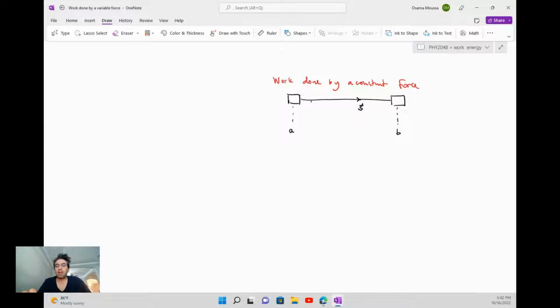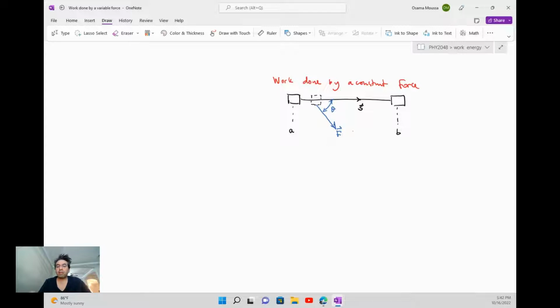And suppose that there's a constant force that is acting on this object throughout its motion. So at any location in between A and B, I can think about the force acting on it with some angle theta.